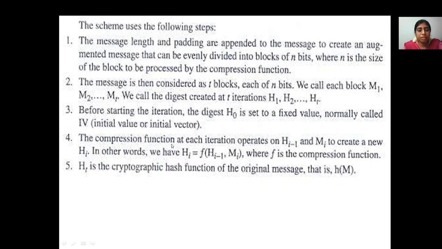The compression function at each iteration operates on the previous hash value and the message block to create a new hash value. In other words, the hash value equals f of the previous hash value comma message, where f is the compression function. HT is the cryptographic hash of the original message, that is h of m.